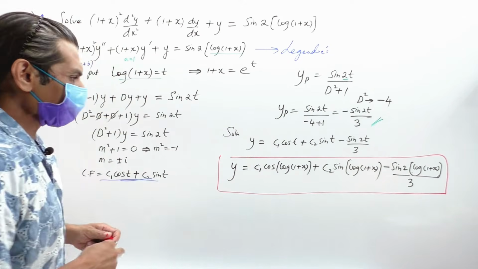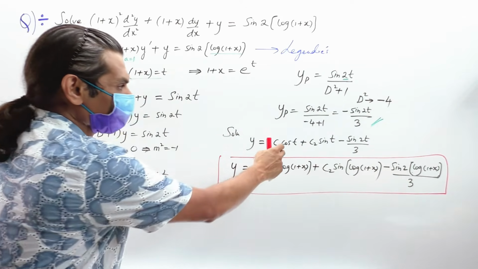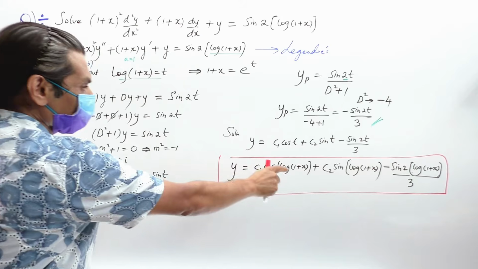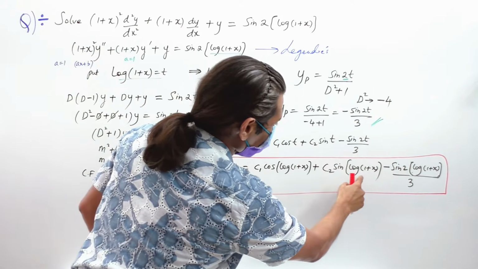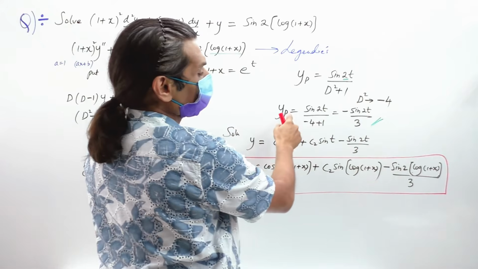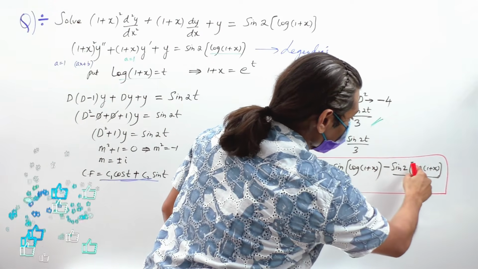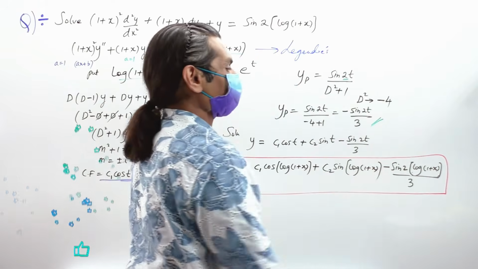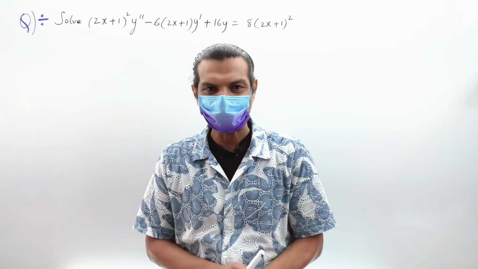So the solution is y is equal to C1 cos of log of 1 plus x, because we put t as log of 1 plus x, plus C2 same thing, sin log of 1 plus x, minus sin 2t, that is the particular integral. We are adding both: sin 2 log of 1 plus x whole divided by 3. That's the solution. Now let's move to the next problem here.